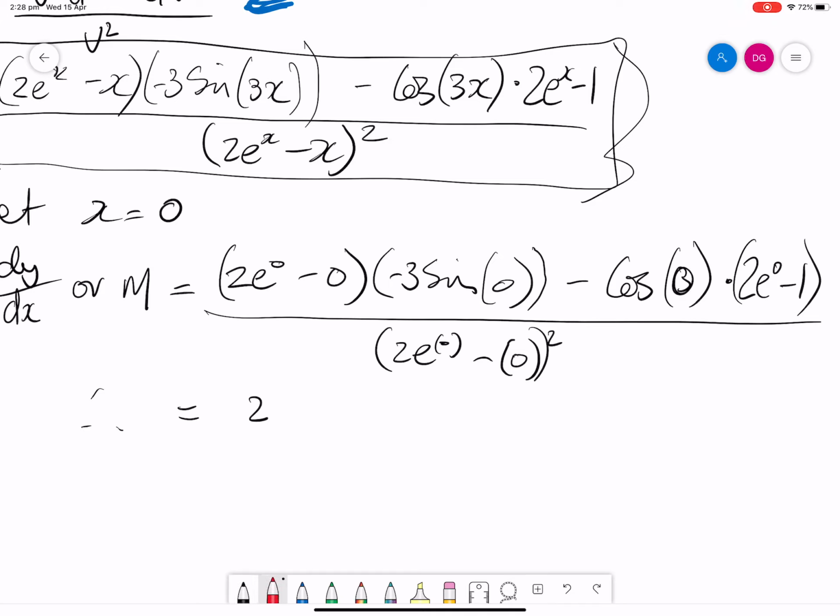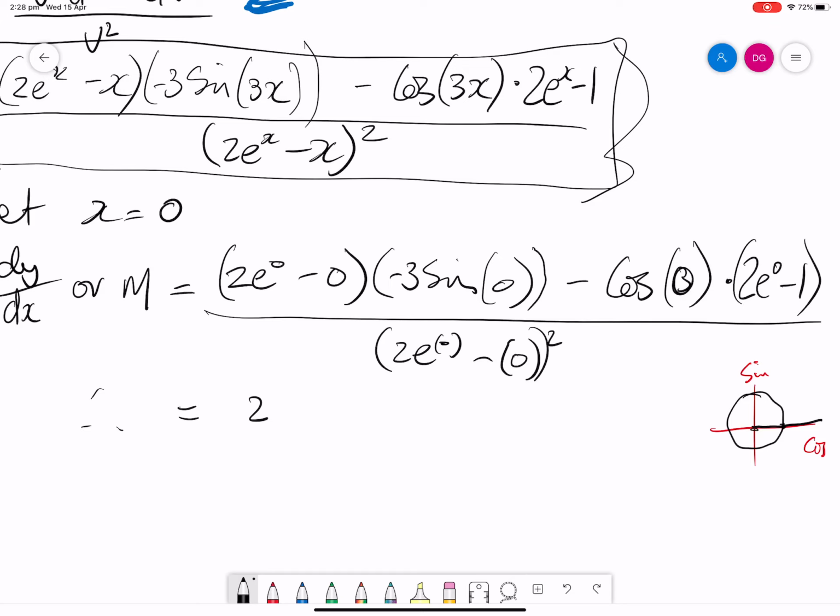Now, if we have a quick think about our unit circle, we're trying to work out what sine of 0 is. So if I've got a value of 0, and remembering that we've got our cos axis and our sine axis, when the value is 0, sine of 0 is down here, that means that it's equal to 0.